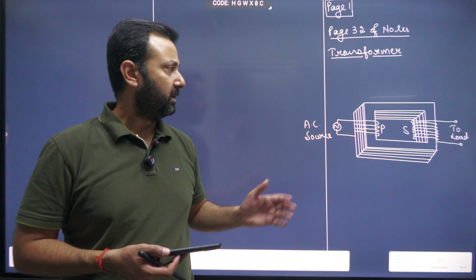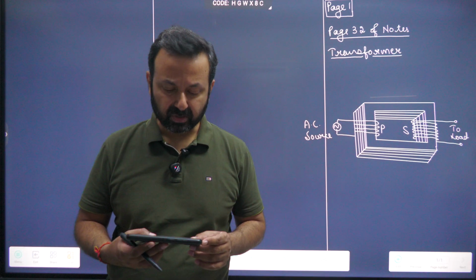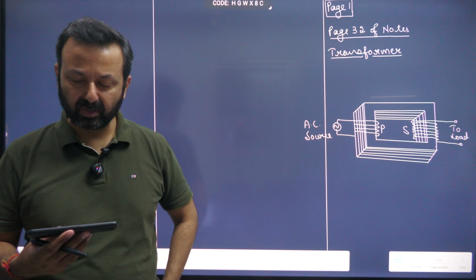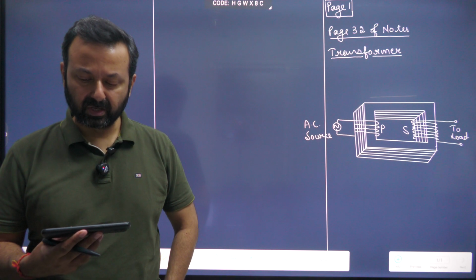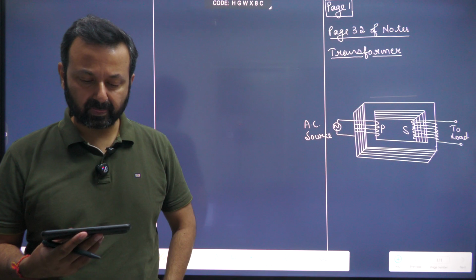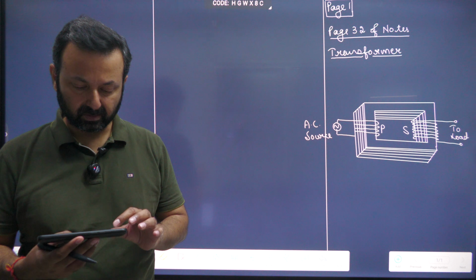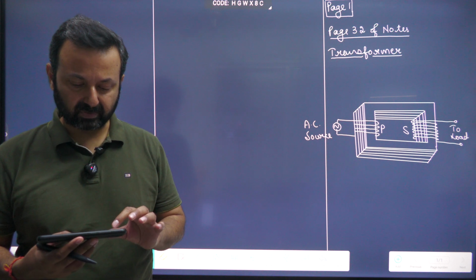Now construction. A transformer essentially consists of two coils of insulated copper wire having different numbers of turns and wound on the same soft iron core.